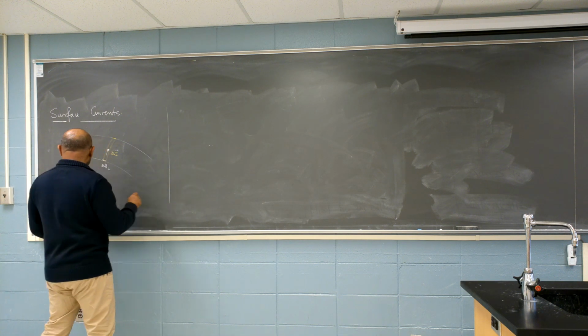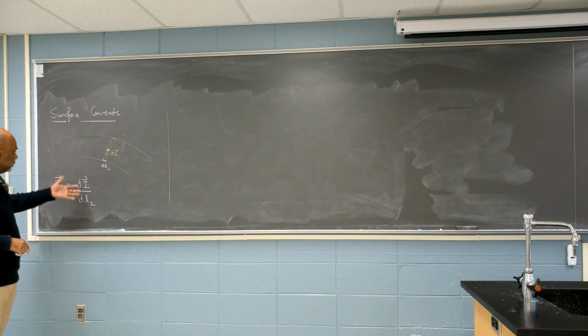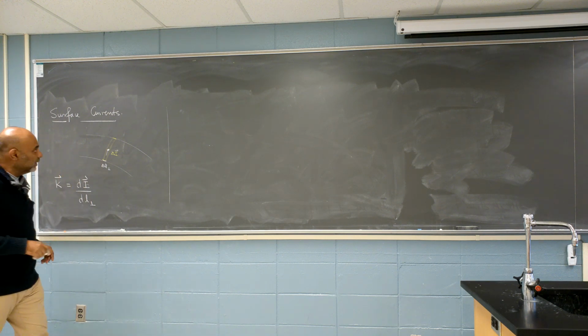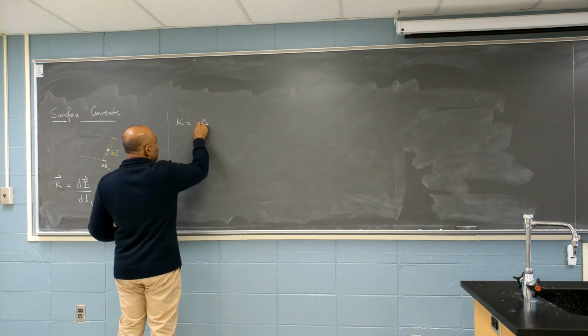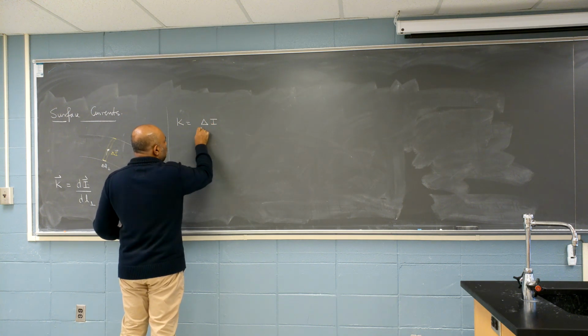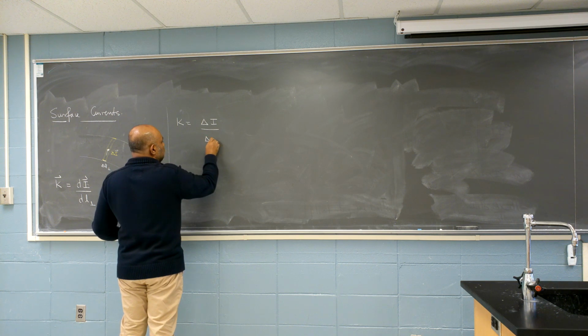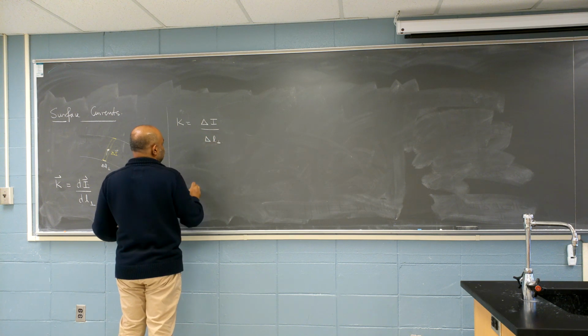Let's see what that is. Let's just do this in magnitude. We know how to put vectors. And what I'm going to do to make the discussion easier, I'm going to call it delta I over delta L perp.